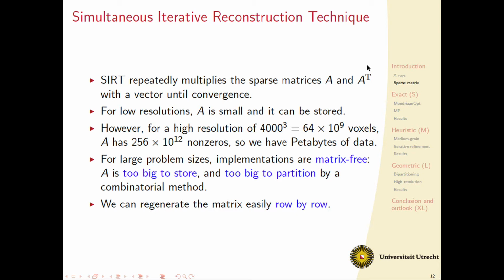And in the sparse matrix, that would mean that you would have something like 256 times 10 to the power 12 non-zeros. So this becomes pretty big, and so we get petabytes of data. And that means that actually small matrices we can store, but the really large matrices we cannot store anymore. And that means that we would use matrix-free methods.